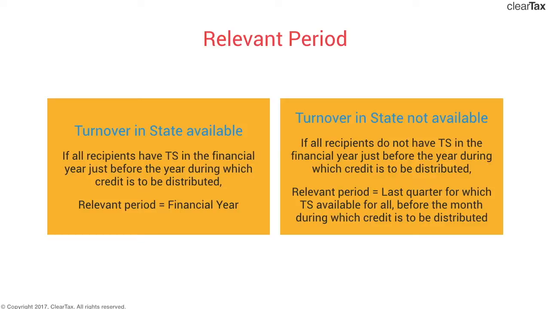So two situations: turnover in a state is available, then you choose the financial year preceding the year in which credit is to be distributed. If turnover in a state is not available, then you choose the last quarter where all of these are available. The quarter should be before the month during which credit is distributed, whichever that quarter is where all turnover in a states are available. So that was the relevant period.